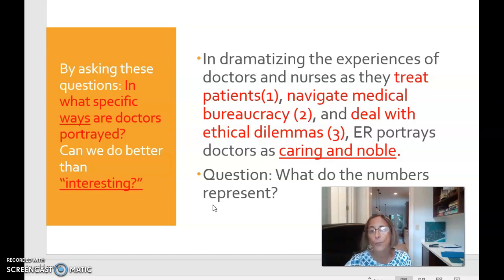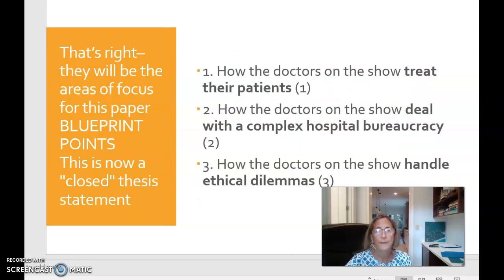And the question is, what do you suppose those numbers represent in the red text? Yep, it's your blueprint points. Those are going to be the areas of focus for this paper. And indeed, if it was to be just a five-paragraph paper, you can see quite obviously body paragraph number 1 is going to provide examples about how they treat patients on the TV show.